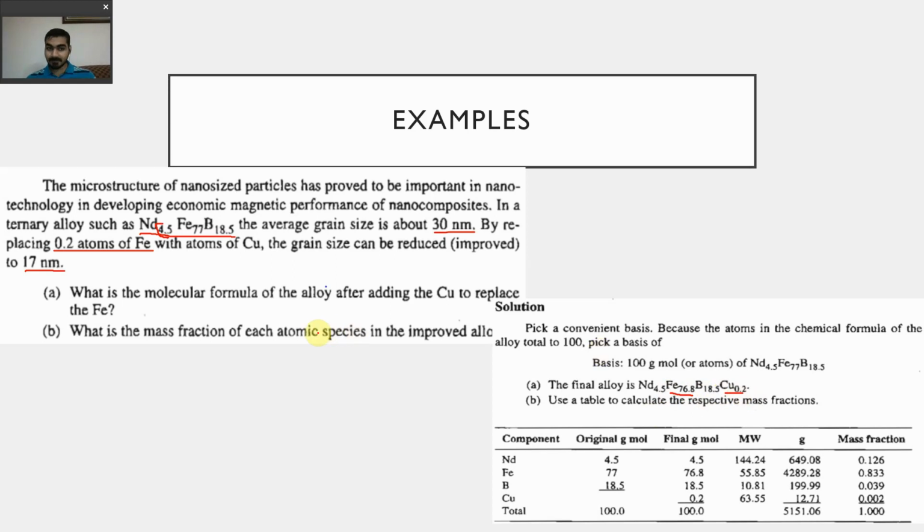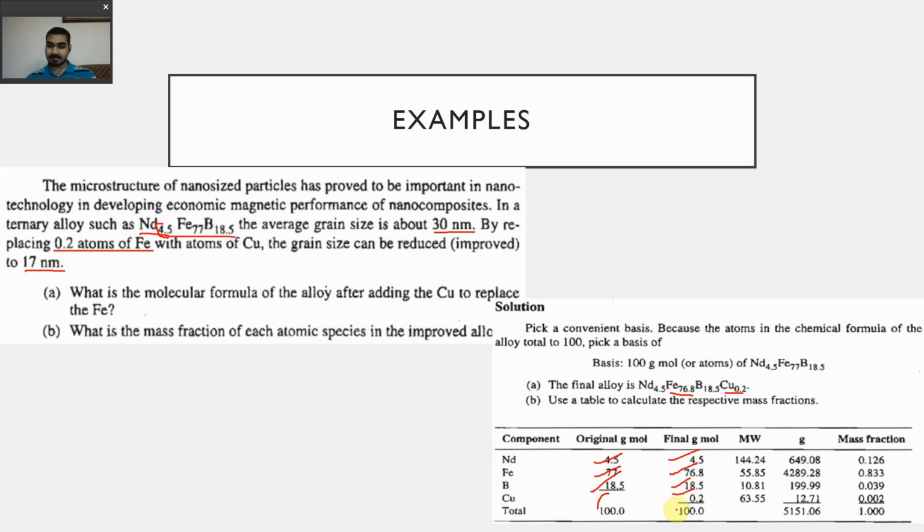What is the mass fraction of each species in the improved alloy? Simple mass fraction. 100 is our original gram mole, with 77 and 18.5 in our initial 100. Final atoms are 4.5, 76.8, 18.5 and 0.2.